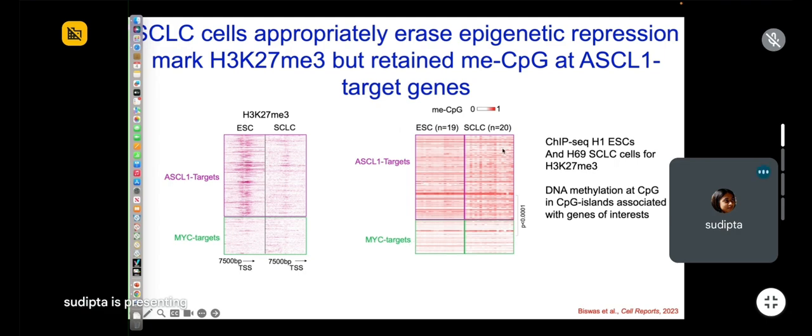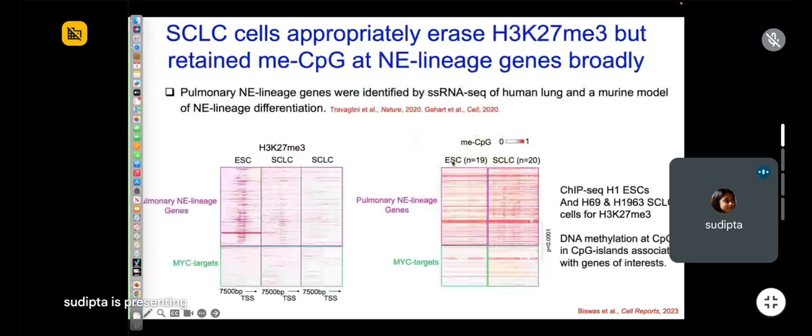So it is specifically repressing the ASCL1 targeted differentiation genes. In the progenitor cell, amplification is going on because of MYC, it gets amplified, but it's not differentiating. This is only the ASCL1 targeted genes I showed, and this is the pool of pulmonary neuroendocrine lineage genes, and it showed a similar effect.